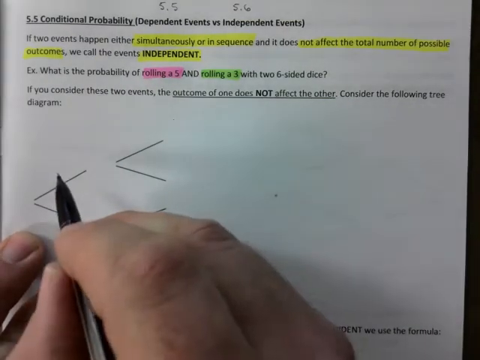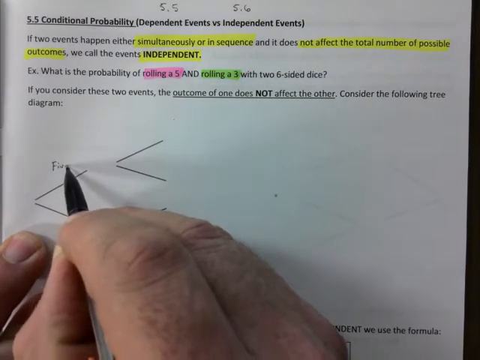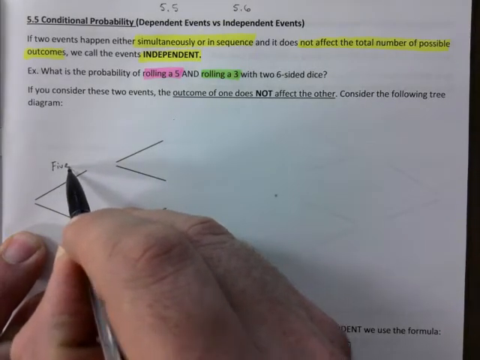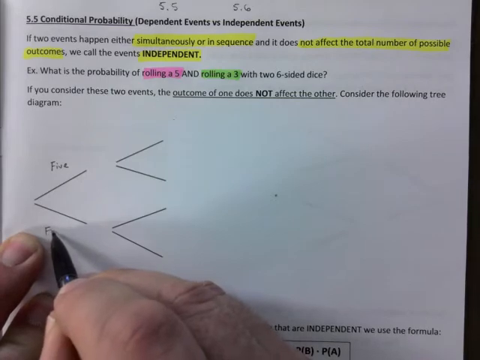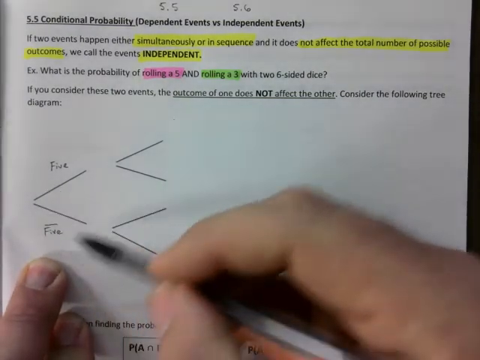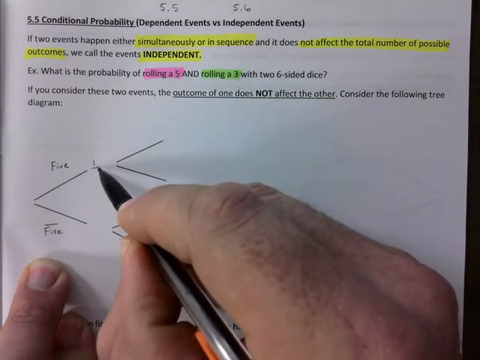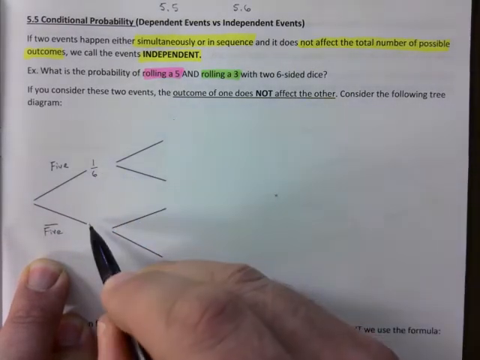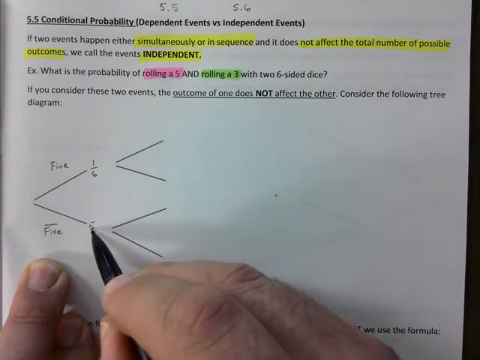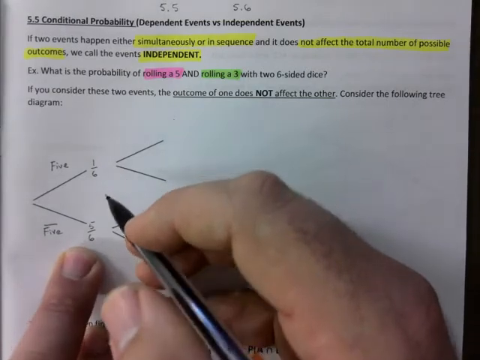So here we go. I'm going to write this in words. Rolling a 5 is the first branch. Not rolling a 5 would be the second branch. So I'm considering the first event. Rolling a 5 is 1 out of 6. Not rolling a 5 is 5 out of 6, right? So we understand that.